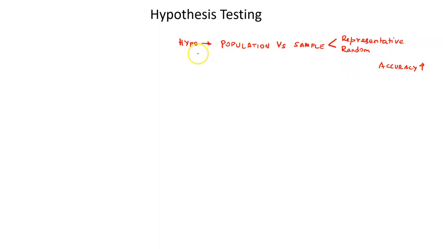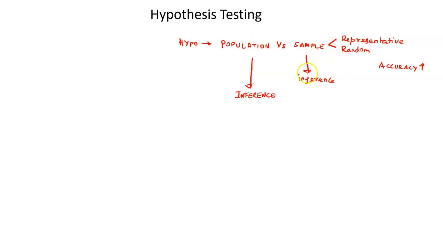Then where does this concept of hypothesis testing come in? It comes when we try to draw inference for the population based on the inference of the sample. I draw an inference by analyzing the sample data set.